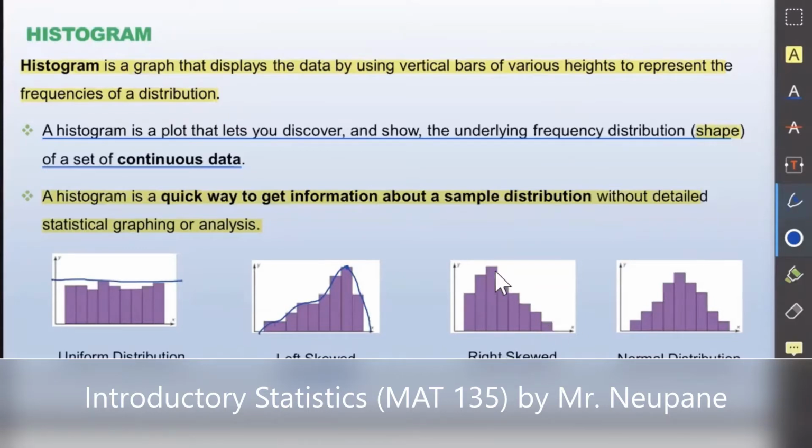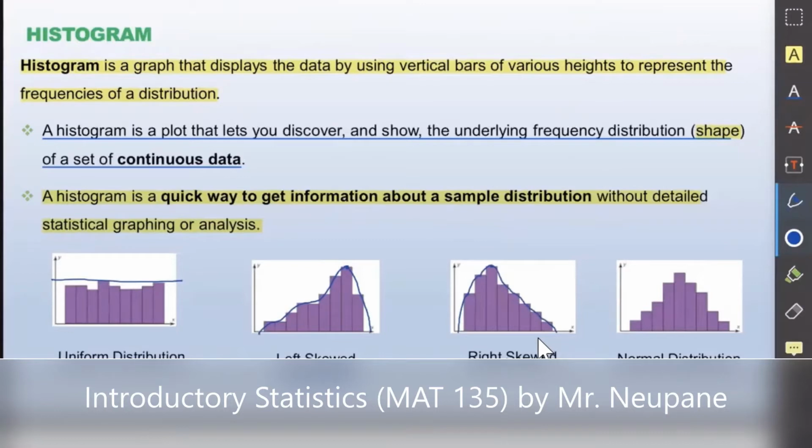Now, if you go to the next graph here, the tallest bar is here. So we are going to start from there, draw the frequency curve along the top and come all the way down to x-axis like that, and do the same thing on the other side. If you do that, you'll see that you have a longer tail. Okay, you have longer tail towards the right.